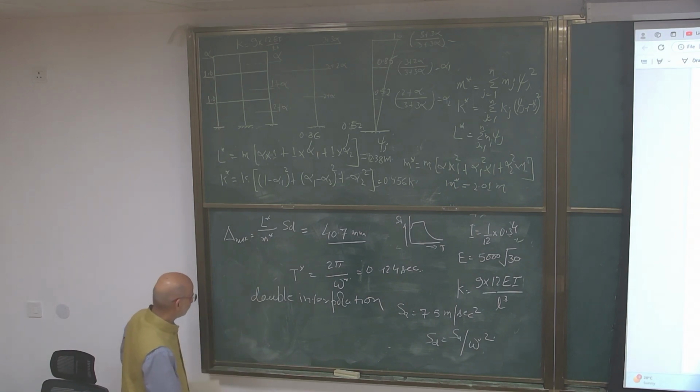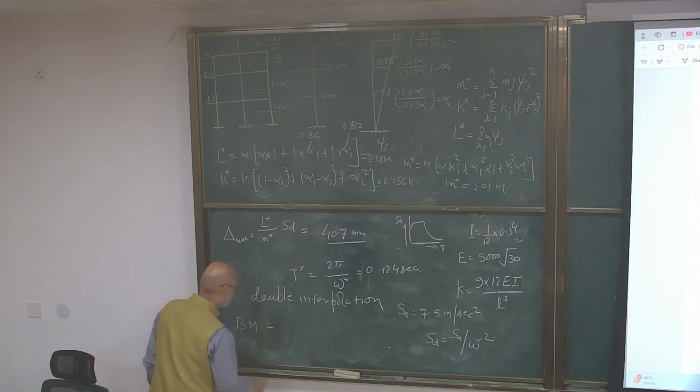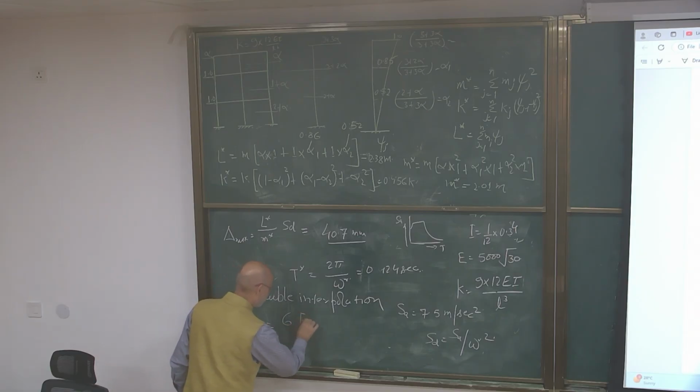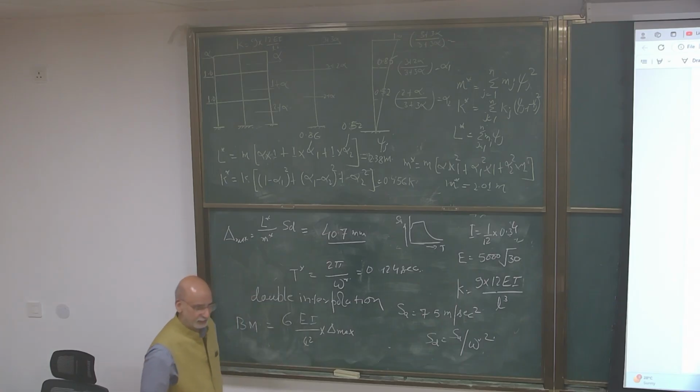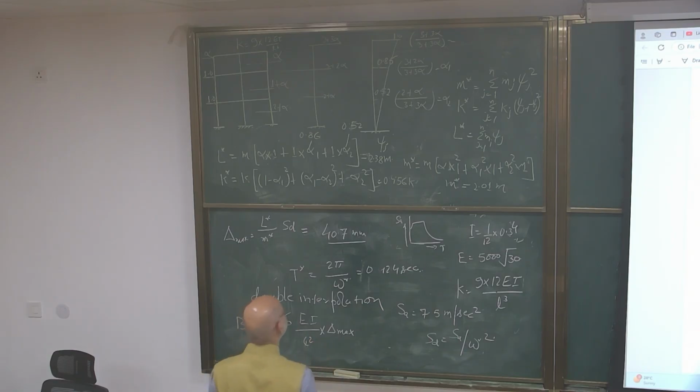How much bending moment would it be? 6 EI. Anything else? Because this is the displacement vector.